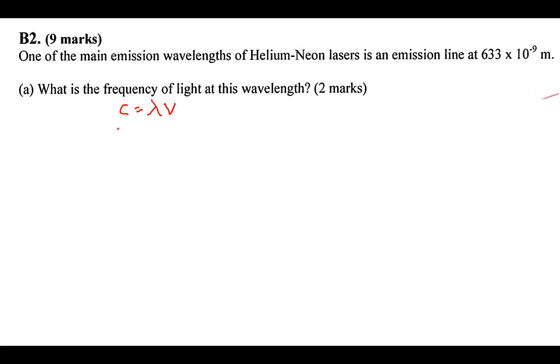So what this essentially means is c is the speed of light, lambda is your wavelength, and v is your frequency. So in this case, we are given a wavelength and the speed of light is a constant. So if we want to isolate for v, we just divide both sides by lambda.